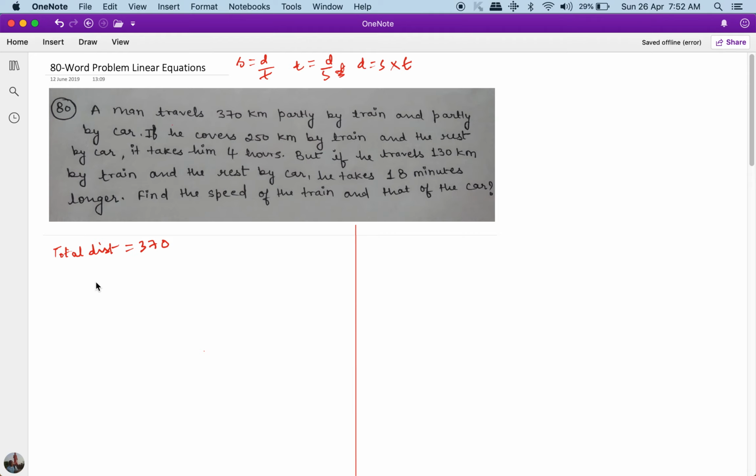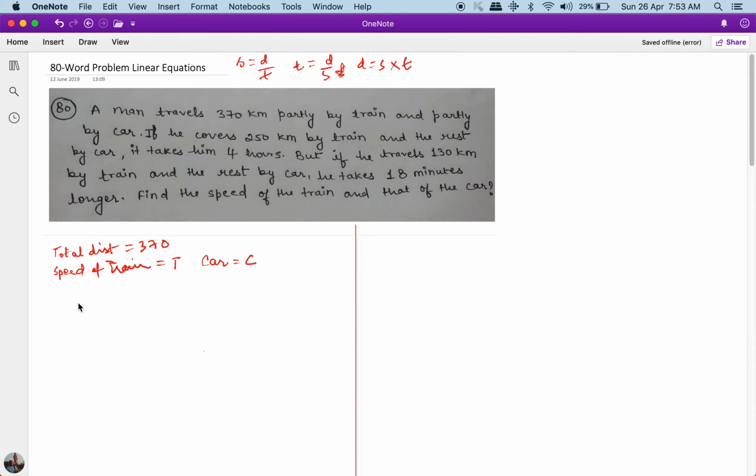So let's say if he covers 250 kilometers by train, and let the speed of train be t, and the speed of the car be c. Now he covers 250 kilometers by train.